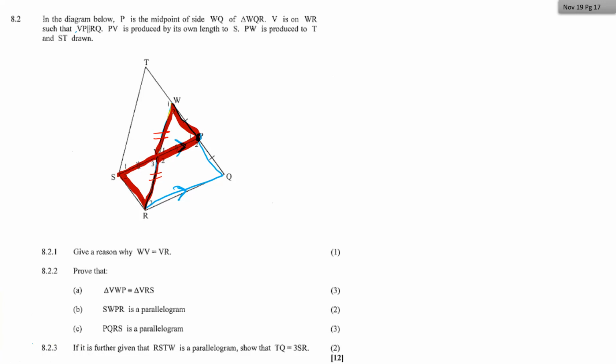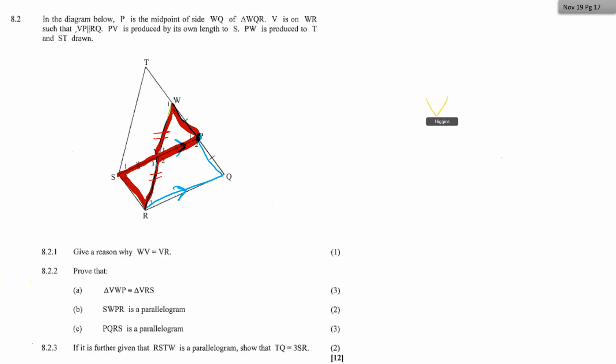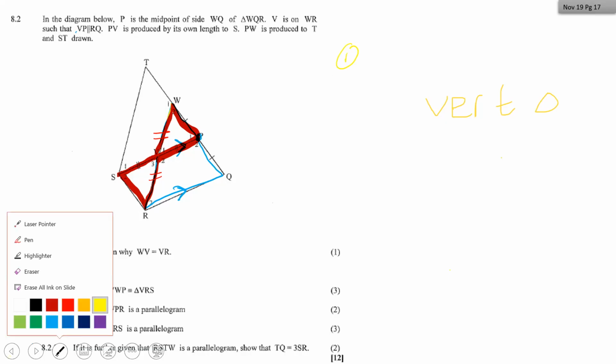So we need 3 reasons. Anybody can come up with 3 reasons why these 2 triangles are congruent? So we'll state in triangle that and triangle that, which is given. I need 3 things to prove that they are congruent. Anybody wants to help me out there?